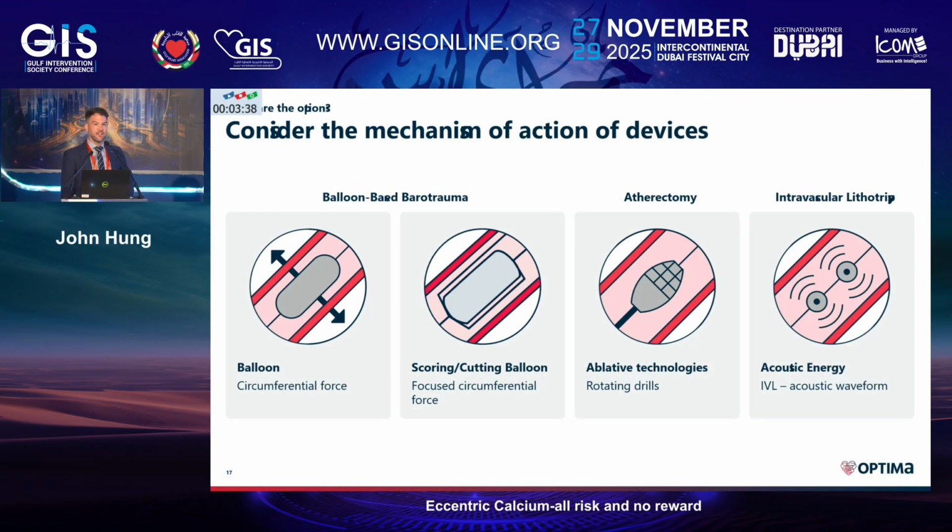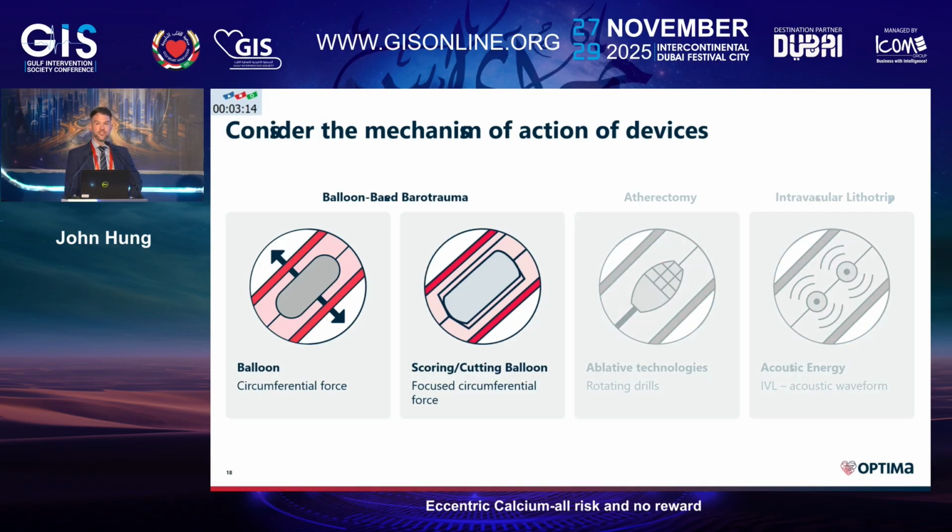And so these are the main devices that probably you all in the room and myself at home have at hand to modify calcium. We have balloon-based devices, simply just NC balloons. There are specialist balloons like scoring and cutting balloons, ablative technologies or atherectomy, and there's intravascular lithotripsy.